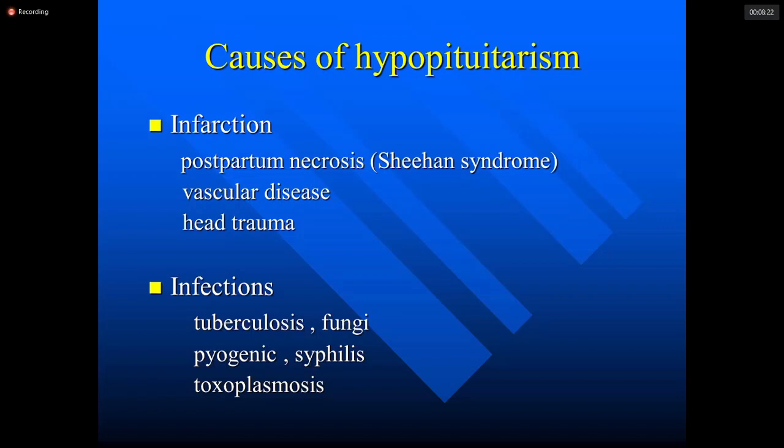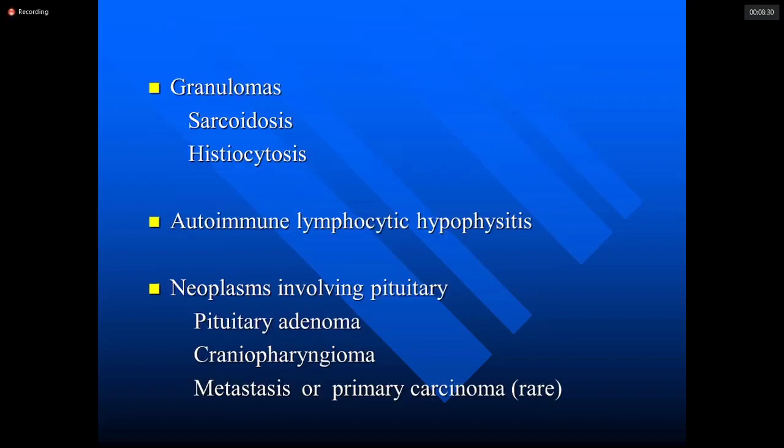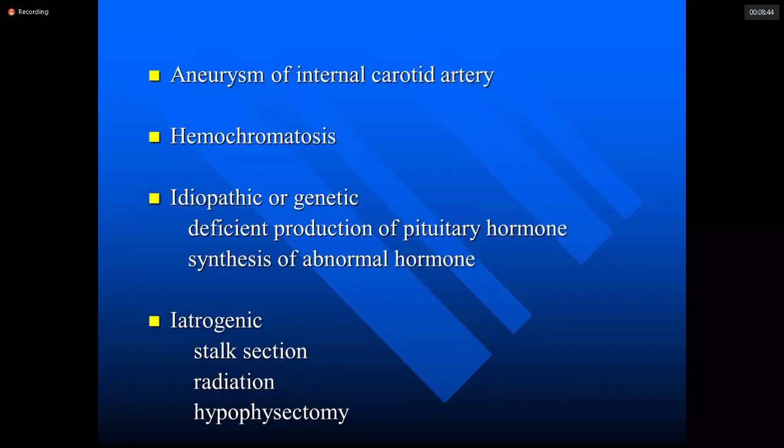It could be because of infections that will be infiltrating the pituitary and destructing the gland, like TB and fungus infections, or granulomas like sarcoidosis, or autoimmune hypophysitis, infiltration by lymphocytes, or neoplasms, whether primary or metastatic lesions. And it could be an aneurysm of the carotid artery compressing on the pituitary, or hemochromatosis, which is infiltration by iron.